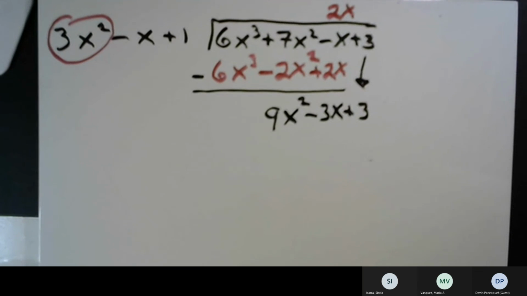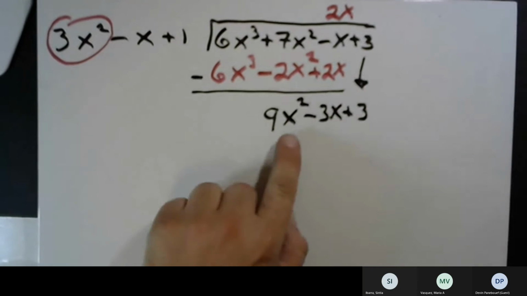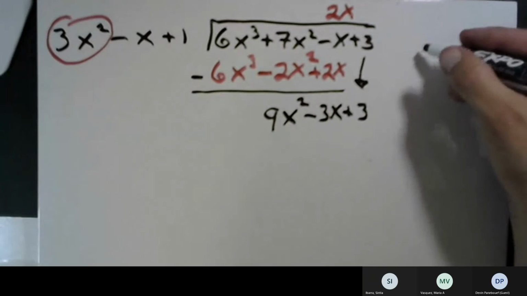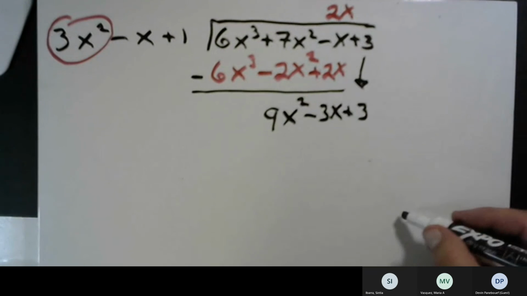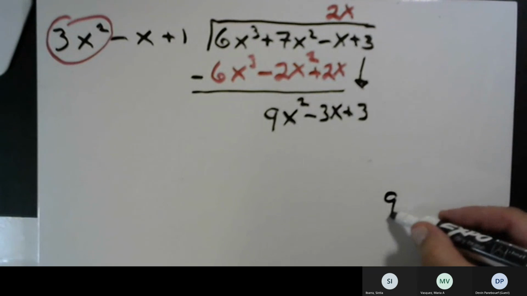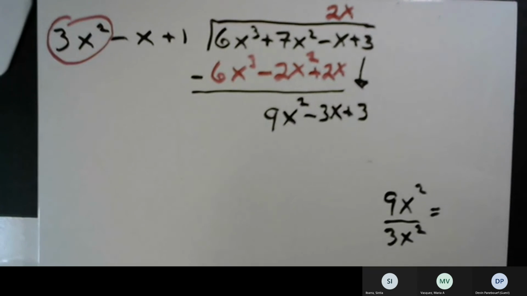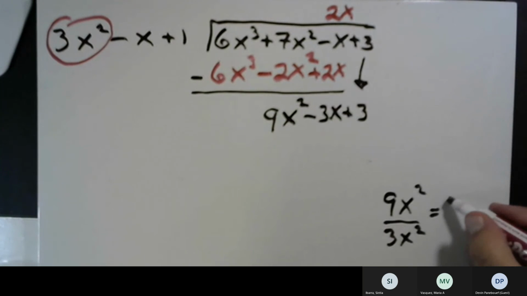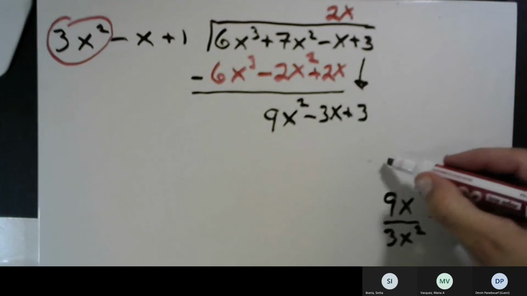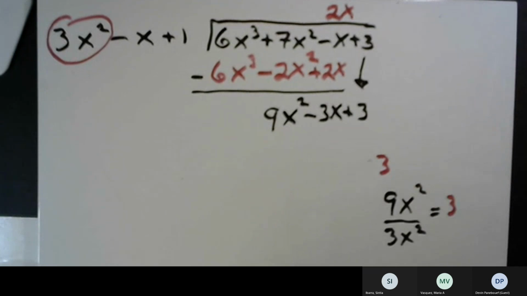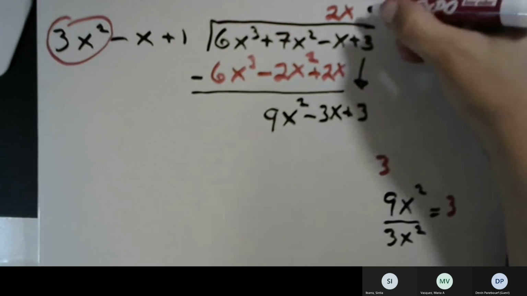So for the second cycle, first term. So let's see if I can squeeze this down here. 9x squared divided by 3x squared. Well, that's going to be equal to 3. I have to go backwards. Oh, I put in my plus 3.